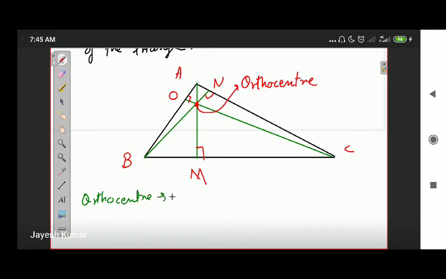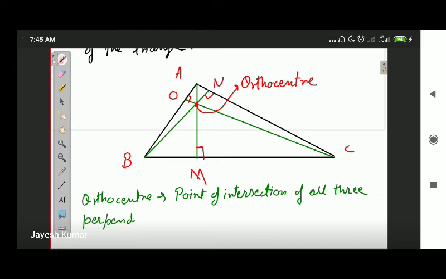It is the point of intersection of all three perpendiculars of a triangle.